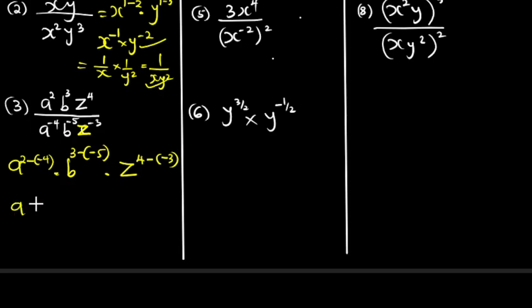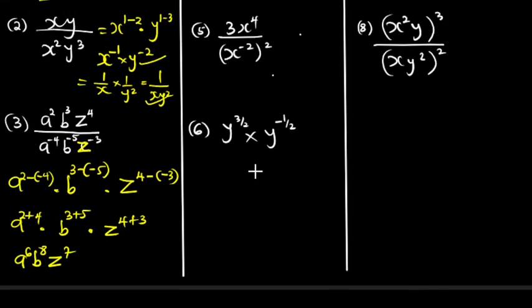So this becomes a to the power of 2 plus 4, b to the power of 3 plus 5, z to the power of 4 plus 3. So don't forget, negative multiply negative, we turn positive. Same thing here. So this is a to the power of 6, b to the power of 8, and z to the power of 7.